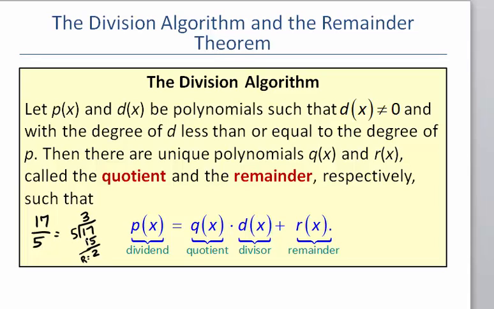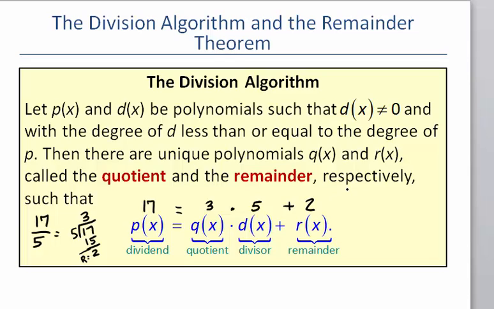So in this case, 17 is our dividend. That's our p of x. And the divisor, what we're dividing by, is 5. So when we work out the problem, we come up with a quotient of 3 and a remainder of 2.